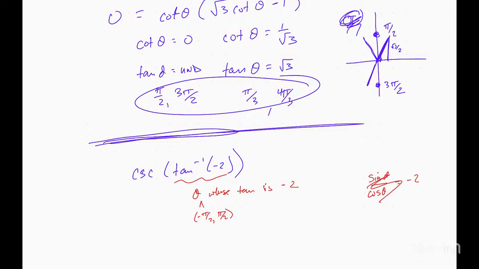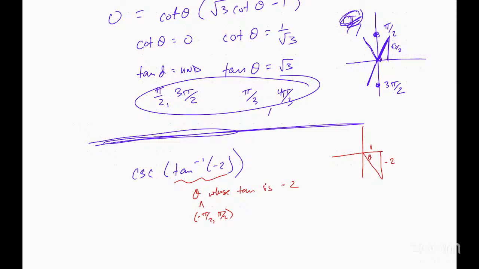So let's just draw this picture out. You know it's got to be in the fourth quadrant. So it's this angle right here, where the opposite is -2 and the adjacent is 1. That's the angle that we're dealing with.